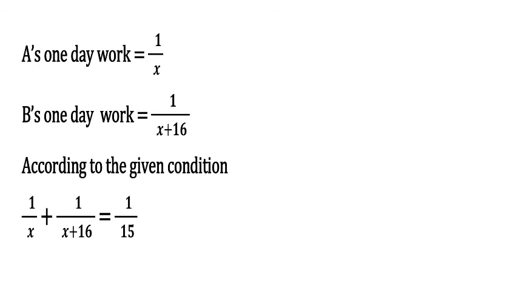In this question, it is said that A can do the piece of work in x days. Then what will be the portion of the work that A can complete in one day? That is 1/x. Similarly, it is given that B can do the same work in x plus 16 days. Then what part of the work can B complete in one day?